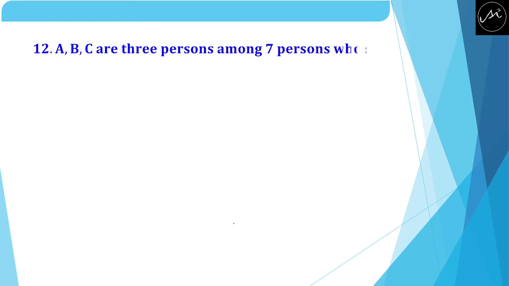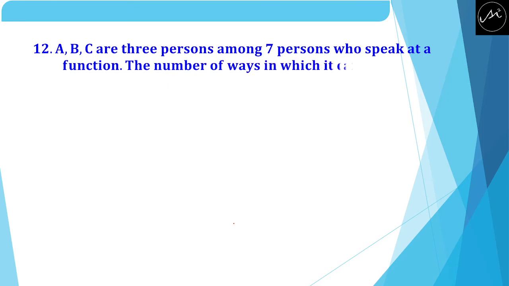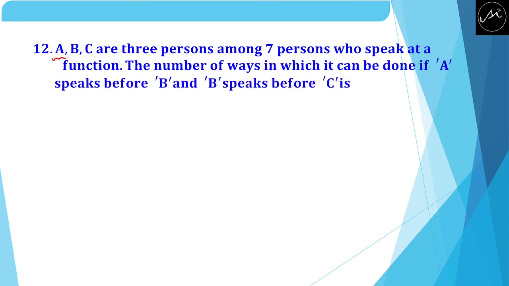Now we can go for problem number 12. A, B, C are the 3 persons among 7 persons who speak at a function. The number of ways in which it can be done if A speaks before B and B speaks before C is.